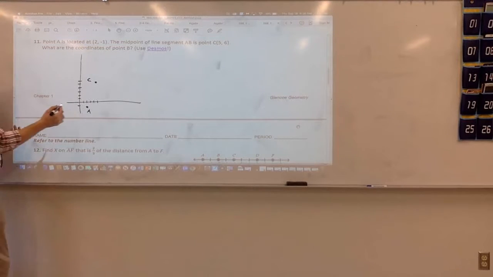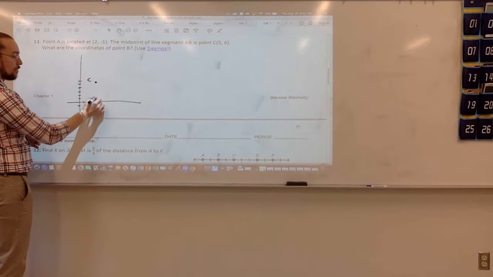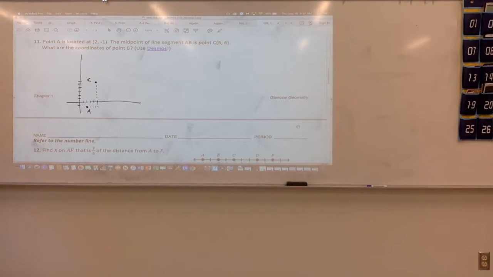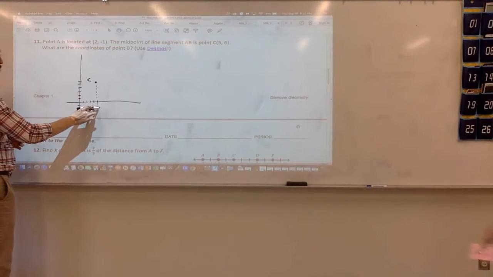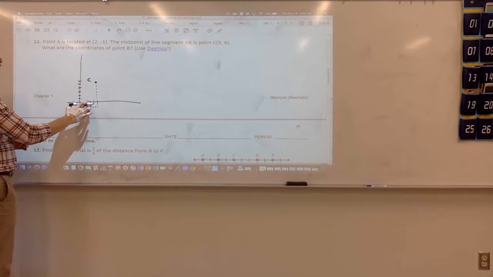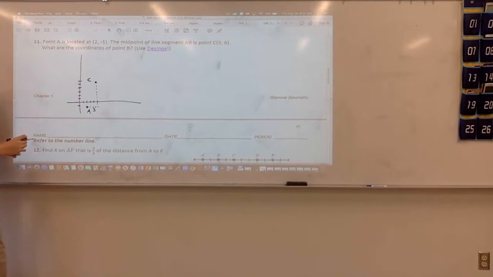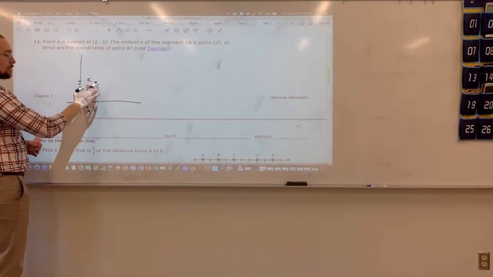So all I need to do is count how far over and how far up I have to go to get from my endpoint to my midpoint. I'm going to go that same distance again to get to my other endpoint. So to get from here, I'm going over 1, 2, 3. Then to go up, I'm going up 1, 2, 3, 4, 5, 6, 7.